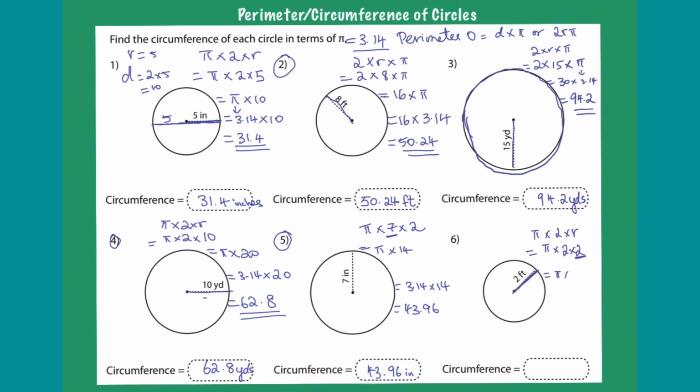So pi times 4, which gives me 3.14 times 4. When you multiply 4 times 3.14, you get 12.56. And so your final answer is 12.56 feet.